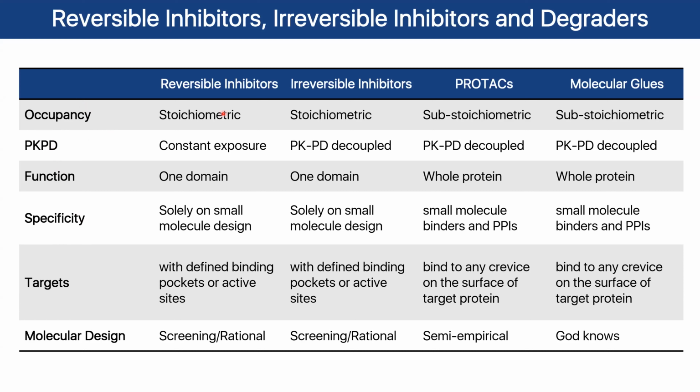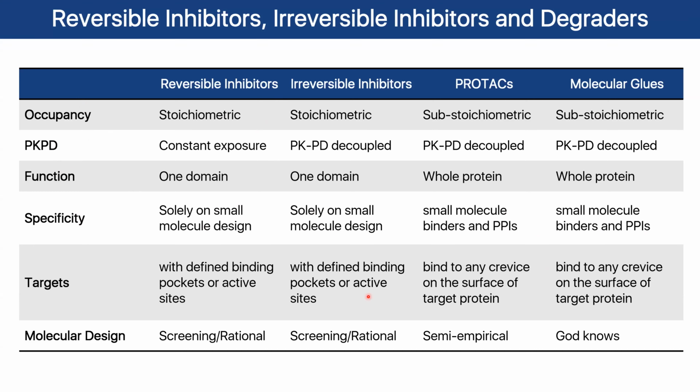For specificity, inhibitors mostly rely on just the small molecule design. But for degraders, you rely not only on the small molecule design, but also on the protein-protein interactions, which means the E3 ligase and your target protein interaction. That's also very important.